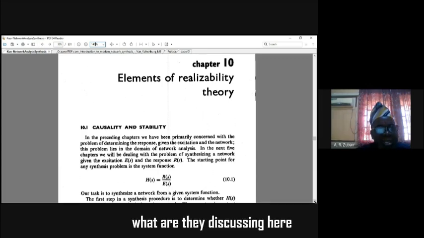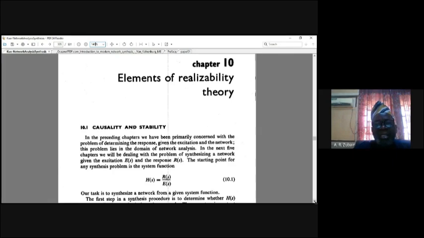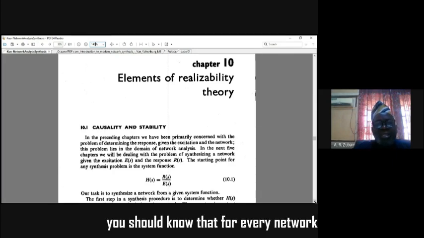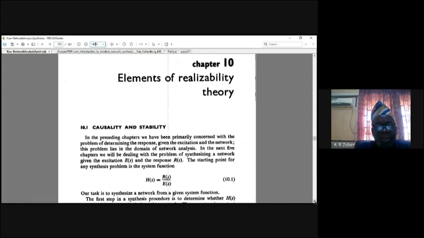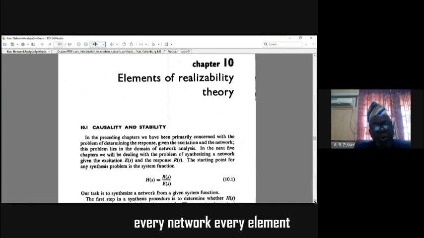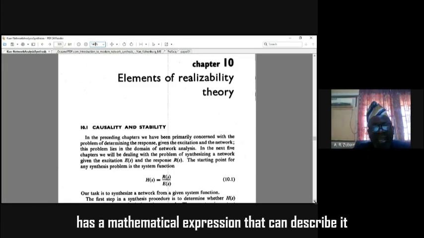What are they discussing here? Ladies and gentlemen, you should know that for every network, we can have a mathematical expression that represents it. Every element, every system has a mathematical expression that can describe it.